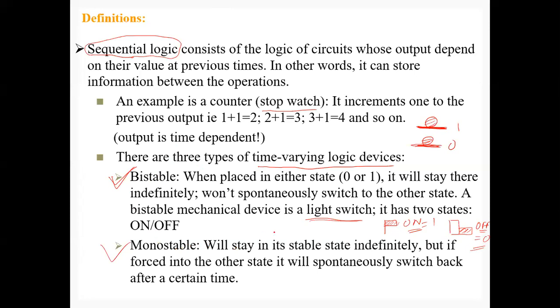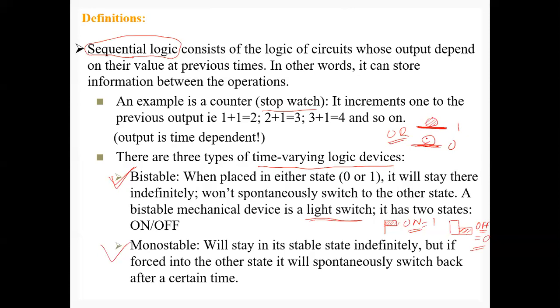Now monostable means it is stable only in one of the states. Let's say that guy is stable here, or stable there, it's or. Suppose this guy is stable here.